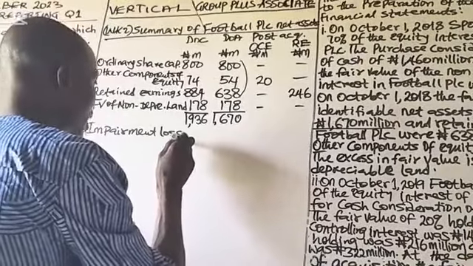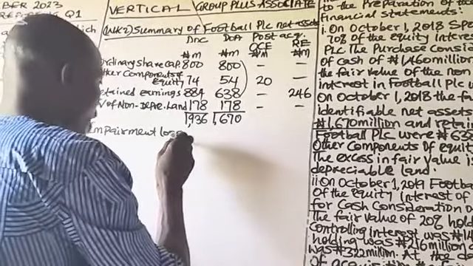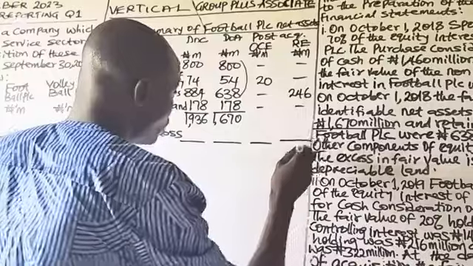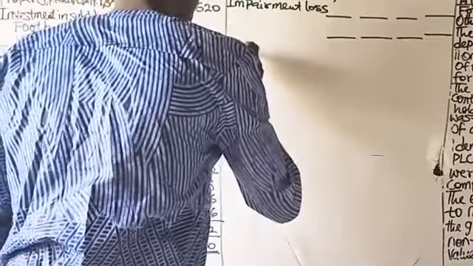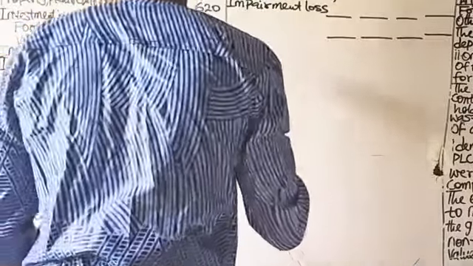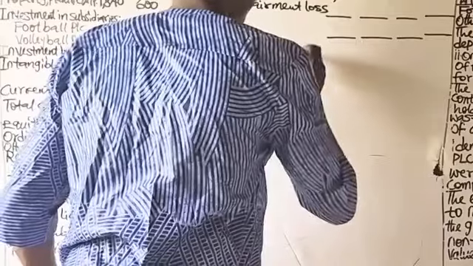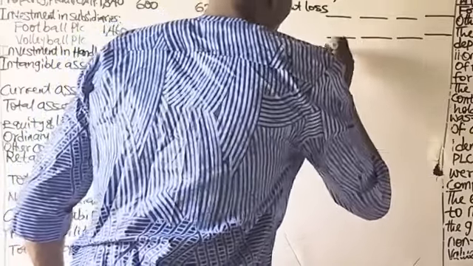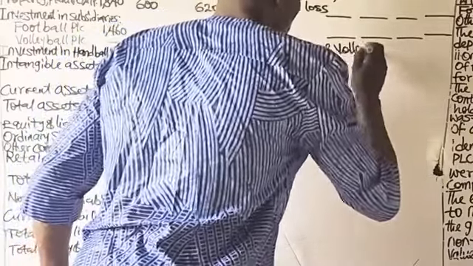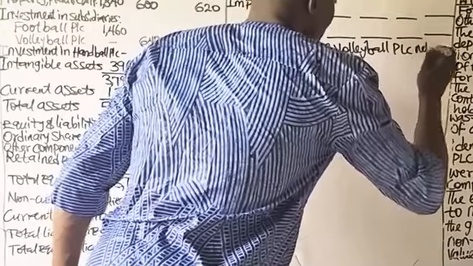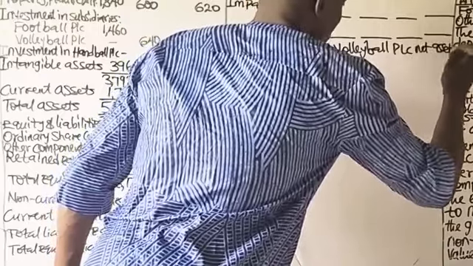So after charging the impairment loss, then you will arrive at the amount that will be used. Working number 3: summary of Volleyball PLC net assets.